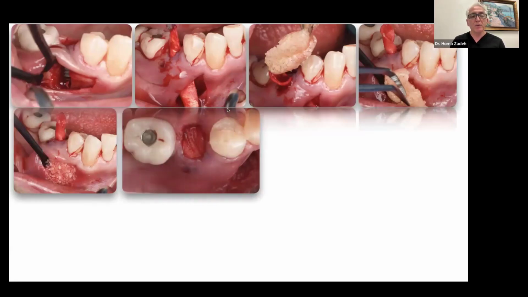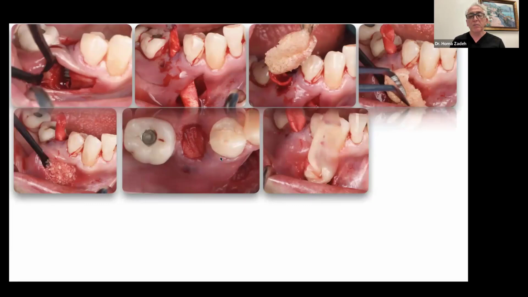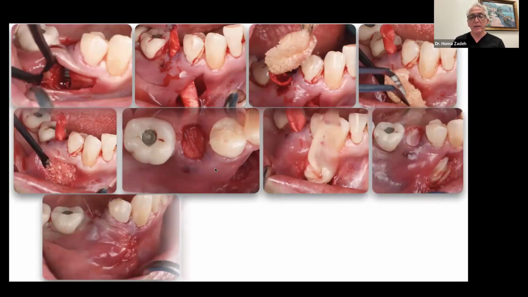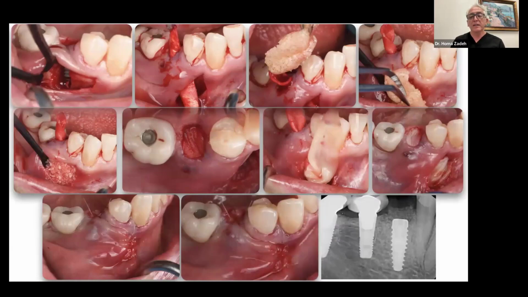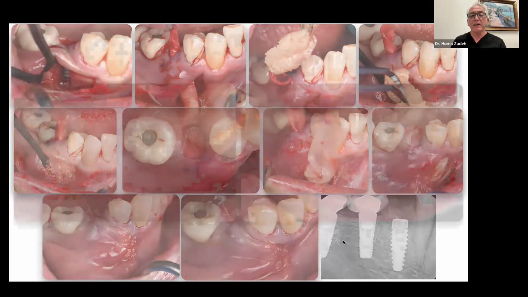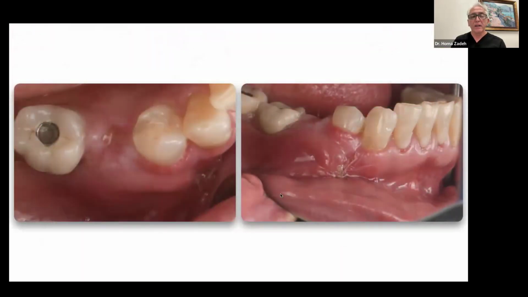The membrane is positioned, and then placing some PRF for enhanced tissue healing in this area. And you see that this is the grafted area. And within a week, when she came back, you could see very quick healing.